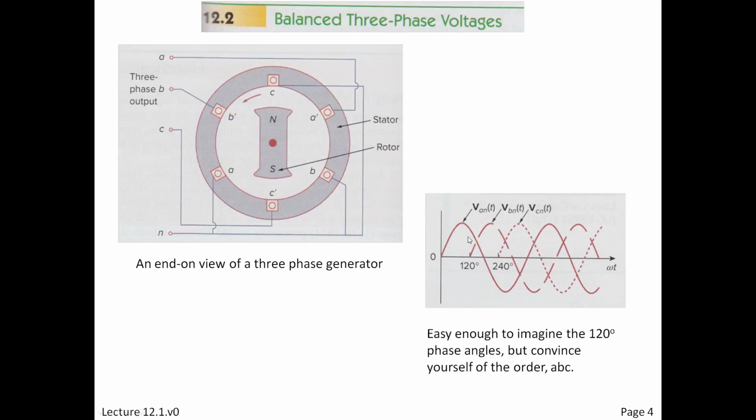A time-varying signal at some frequency based on omega, the rotation rate of the rotor, and it will go through a complete sinusoidal shape or time waveform. The B one is the next intersected.